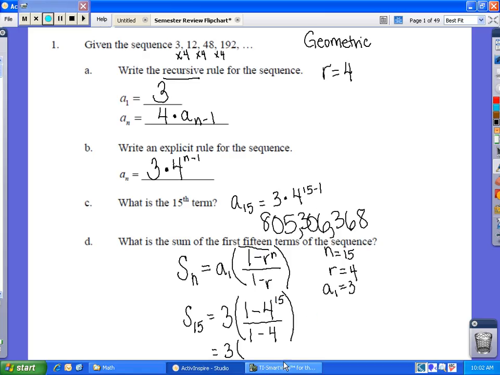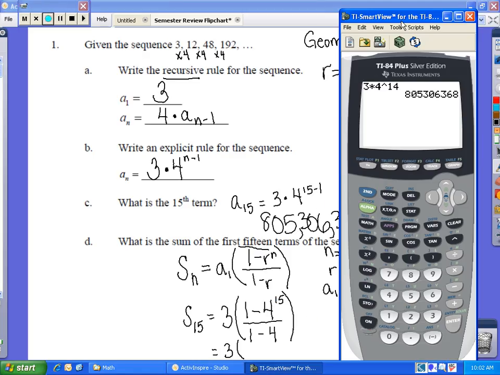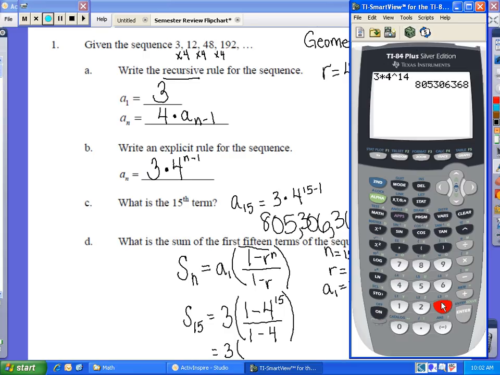Well, we're going to have to use our calculator for that. So 3 times parentheses 1. Let's do a double parentheses here so we can do 1 minus 4 to the 15th. And then we're going to divide that whole quantity by 1 minus 4, which is negative 3. And then close my parentheses.